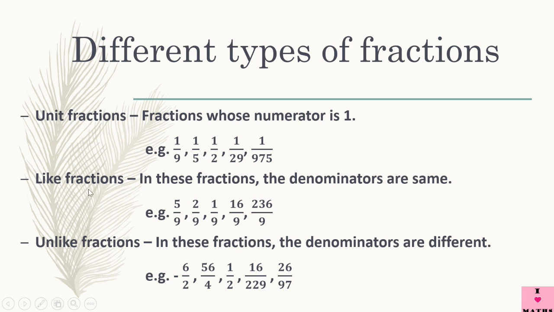Like fractions. Children, as the name suggests, like fractions have something in common. In these fractions, the denominators are the same. See, for example, 5 upon 9, 2 upon 9, 1 upon 9, 16 upon 9, 236 upon 9.